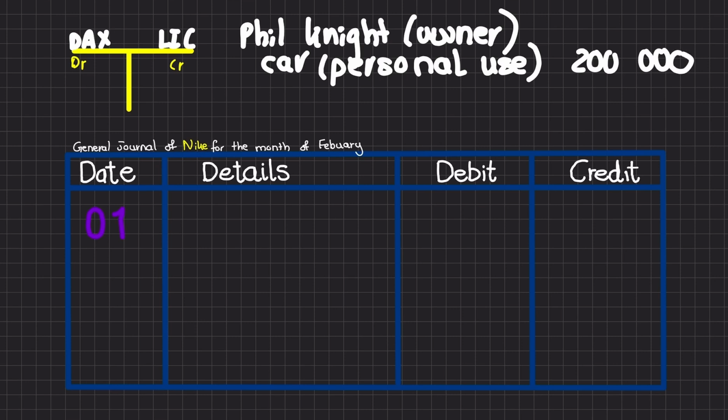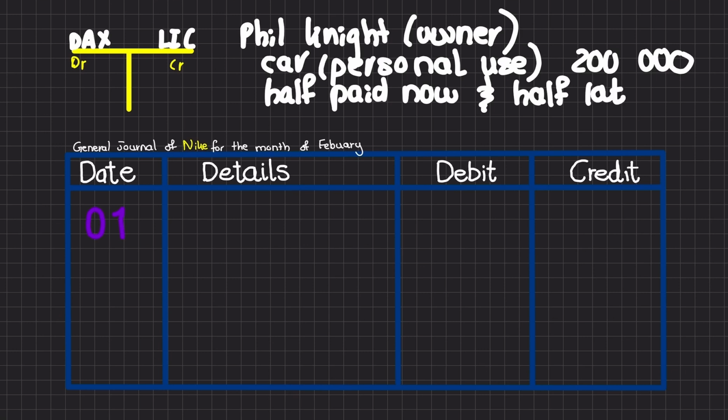All right. And half he paid now and half later. How would we record this into Nike's general journal? Well, there would be no record of this, right?